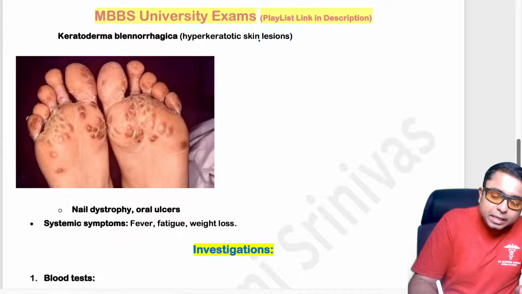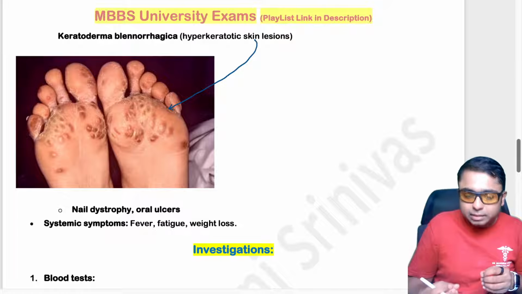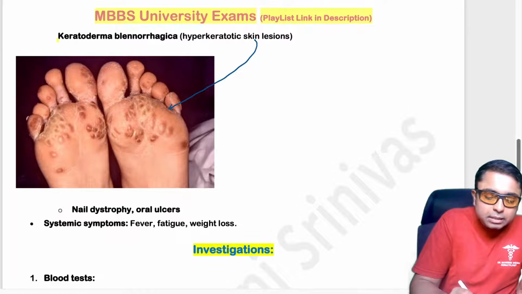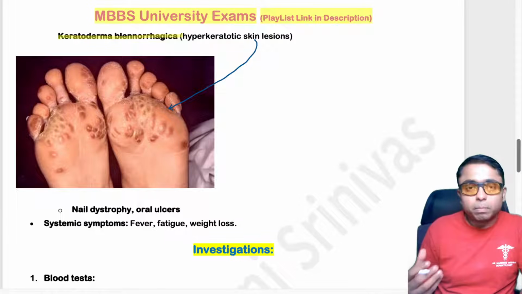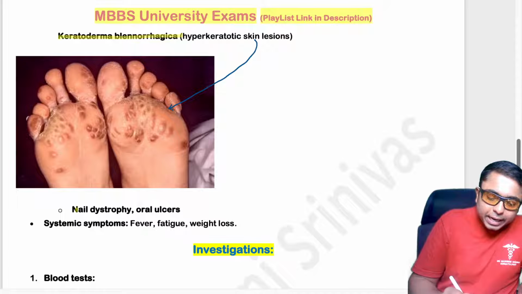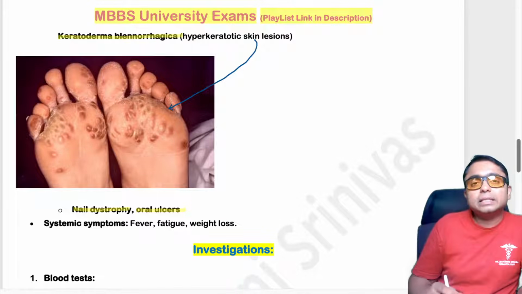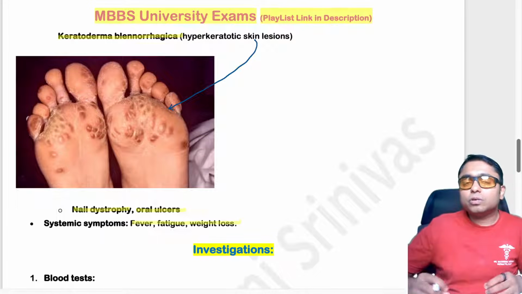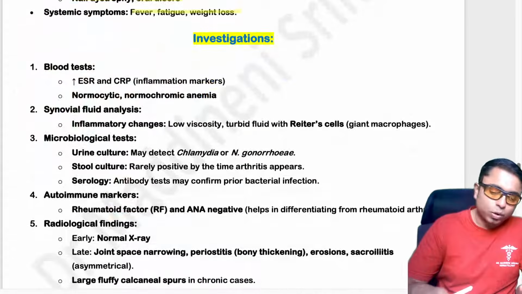In the skin over the soles, the skin is going to be thickened, and we call this thickened skin over the sole keratoderma blennorrhagicum. In the nails, there can be destruction of the nails called nail dystrophy, and in the oral cavity there can be ulcers. The patients may also have constitutional symptoms of fever, malaise, weight loss and so on.